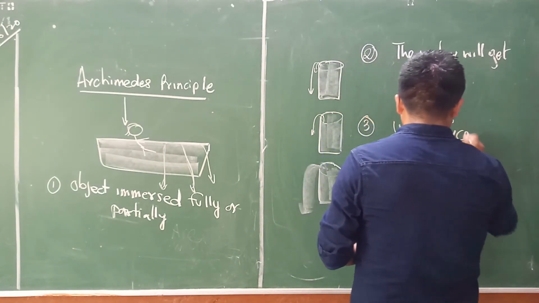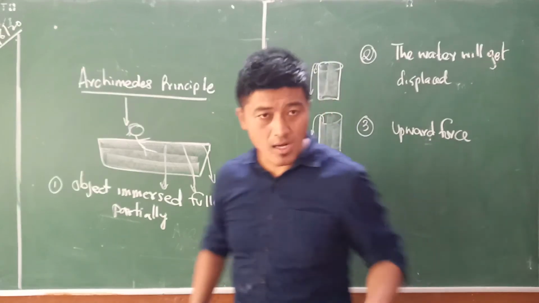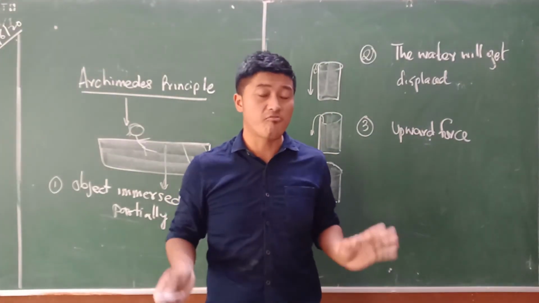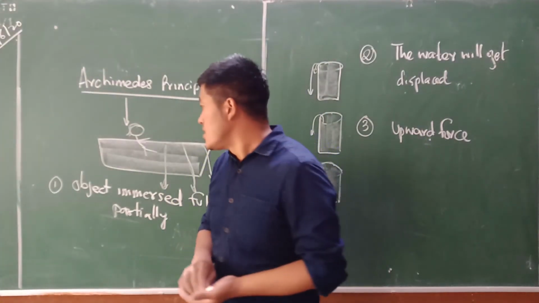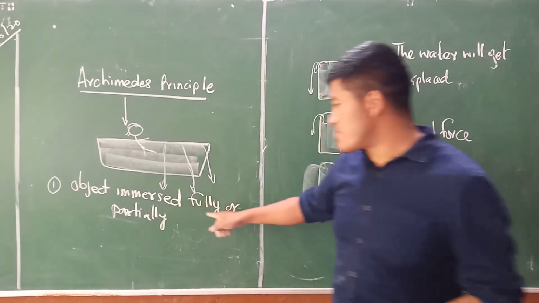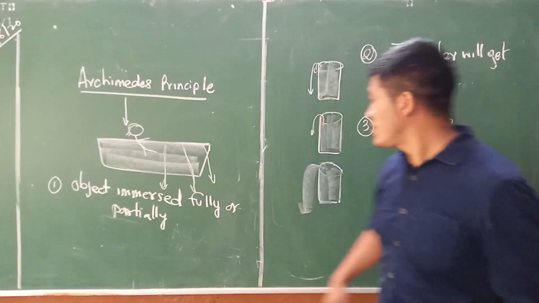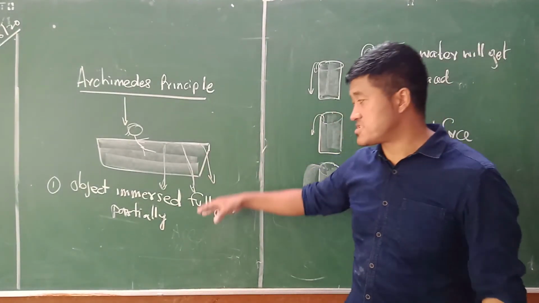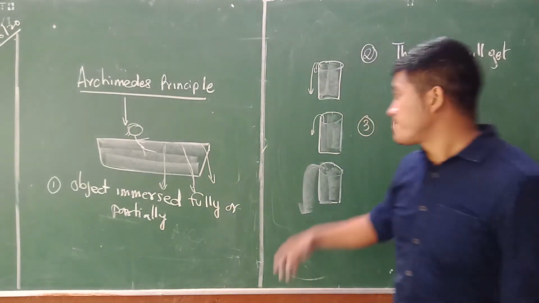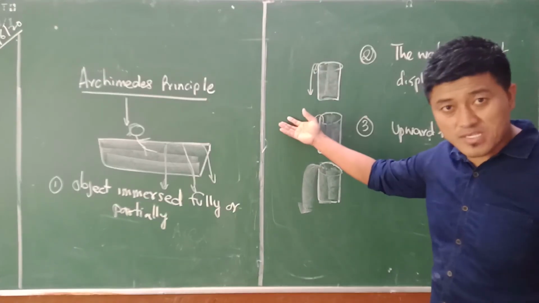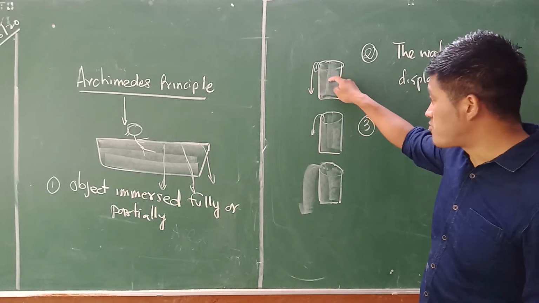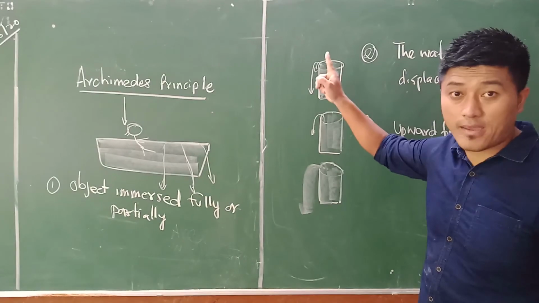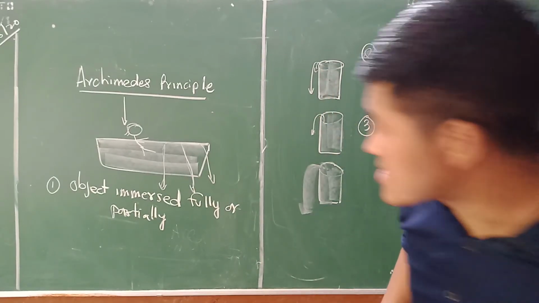These three things are important to know before we conclude: the object is immersed fully or partially, some water gets displaced, and some force is applied to that object. So now let us conclude.